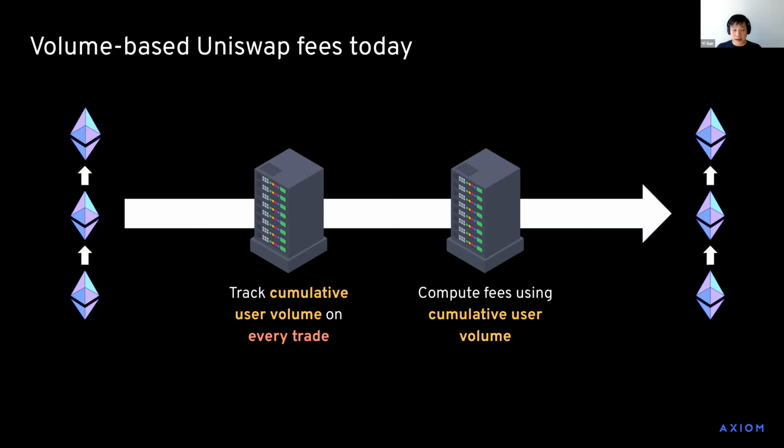That means every swap is going to be more expensive for each user, essentially because the volume updates might be comparably expensive to the actual swapping itself. Obviously, that's unacceptable. But if you were to make such a system, you'd be able to read the cumulative user volume and then compute fees dynamically.